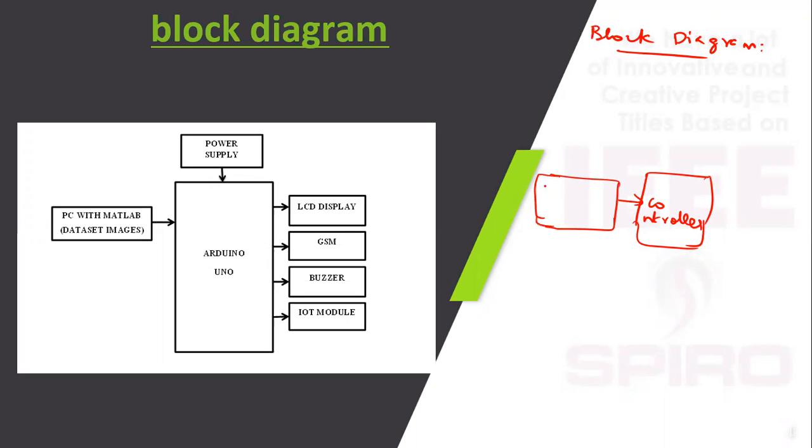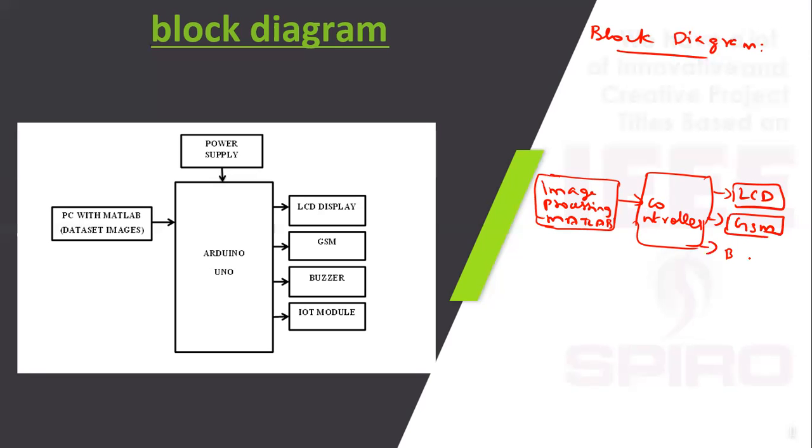Image processing checks the input image, whether the skin is affected by cancer or not, healthy or not. This is identified by the MATLAB software and the result is given to the controller. The controller will display the result on the LCD and send a message to the patient about the result.